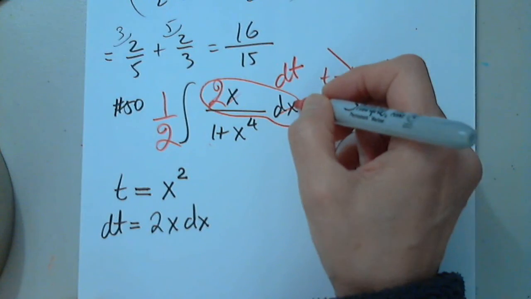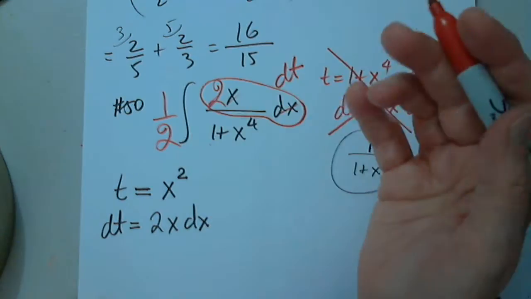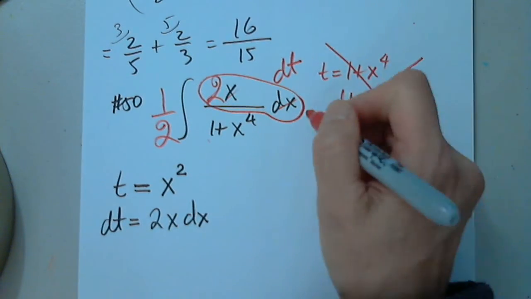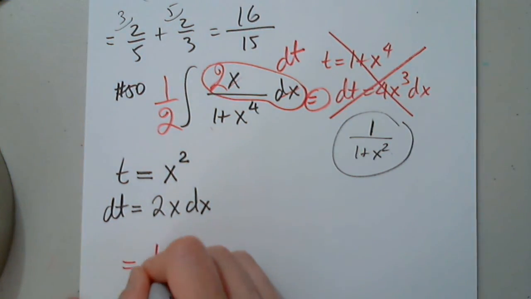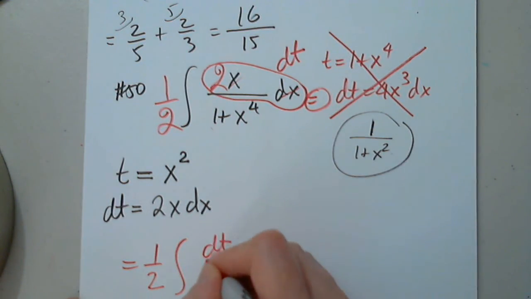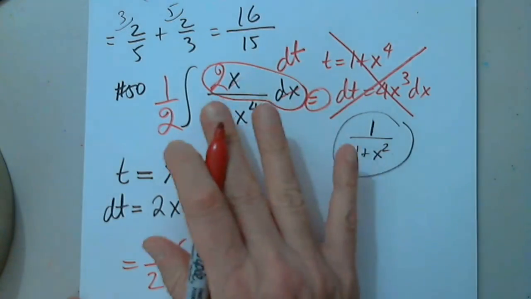So all these are done. Who cares about a 1/2 in front? I may forget about it like I did with a negative. Maybe not this time. Okay, so this is 1/2, the integral of, the top is dt. I cannot copy any x.